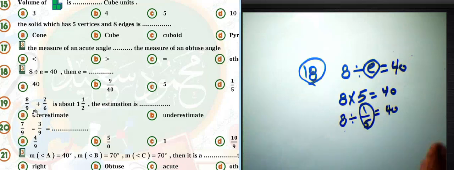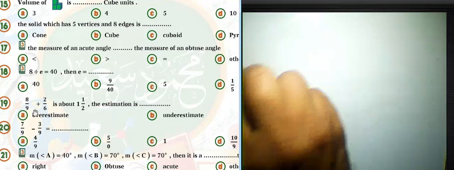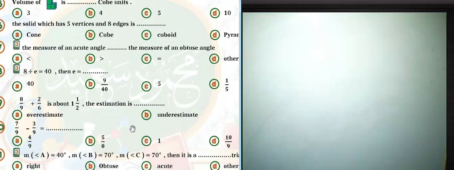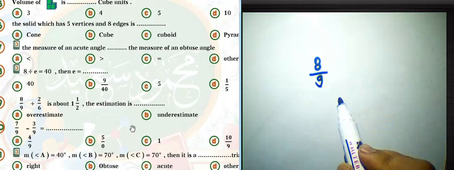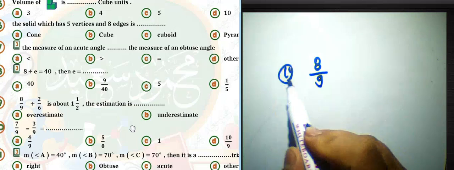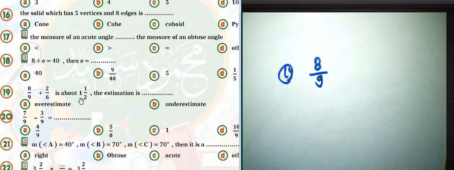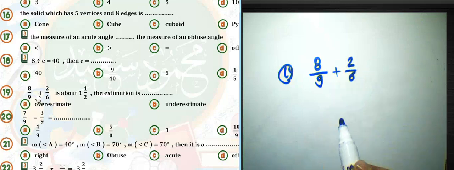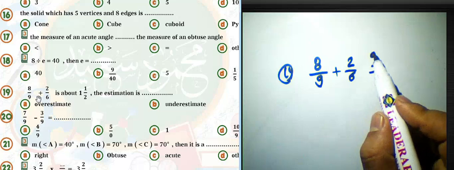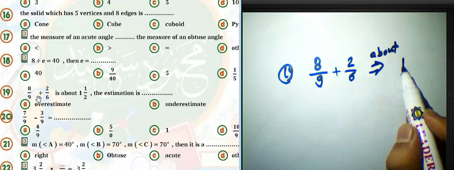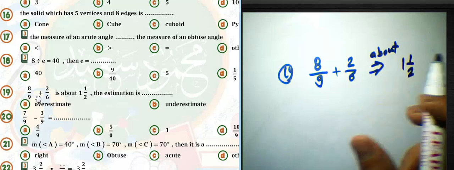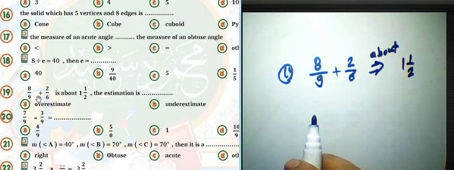Question 19. 8 over 9 plus 2 over 6 is about 1.5. Is this estimation an underestimate or an overestimate?